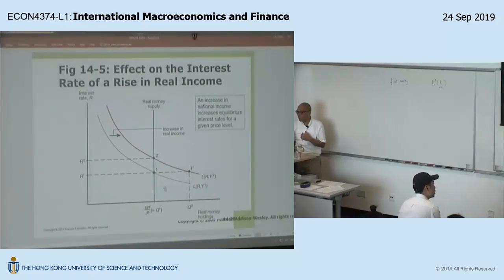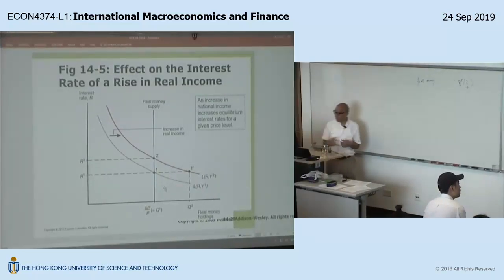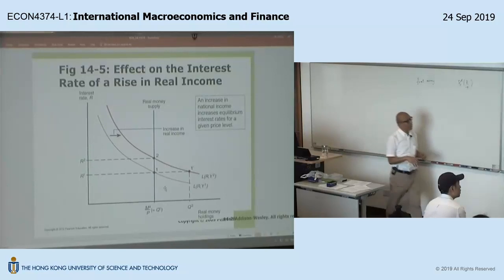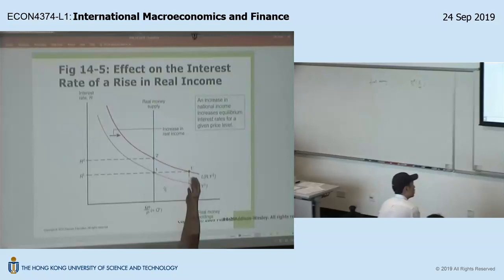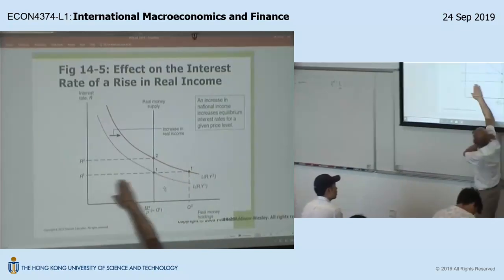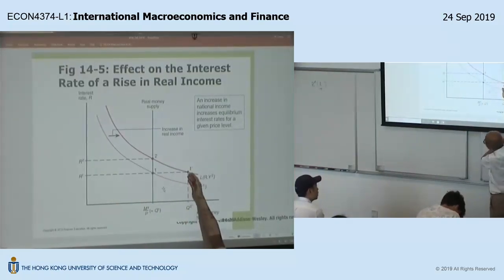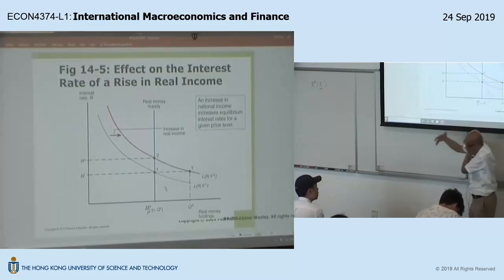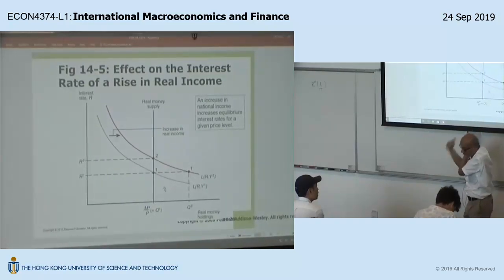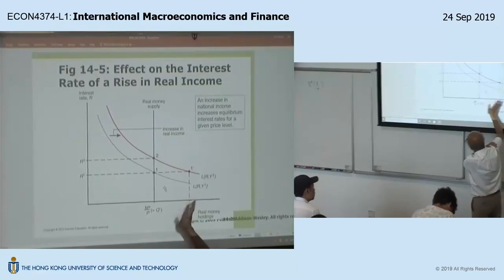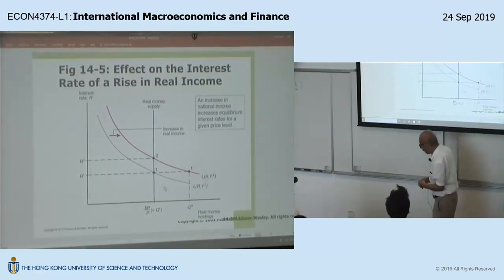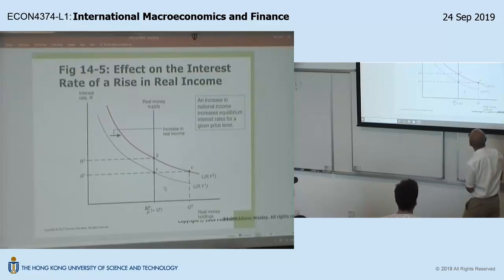A rise in real income, an increase in Y, will actually increase the interest rate. Why? Because there is more demand for money. At the original interest rate, there's more demand for transactions, and therefore more demand for money, and higher demand for real purchasing power in liquid form.